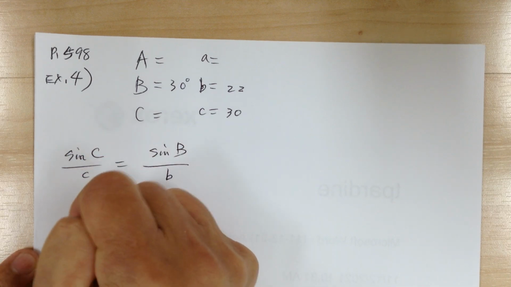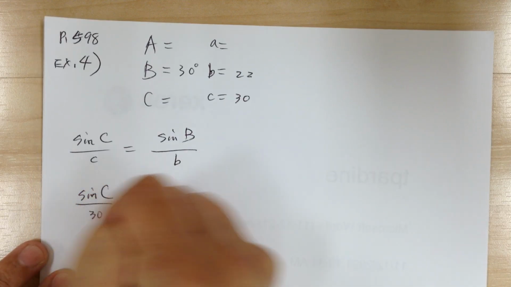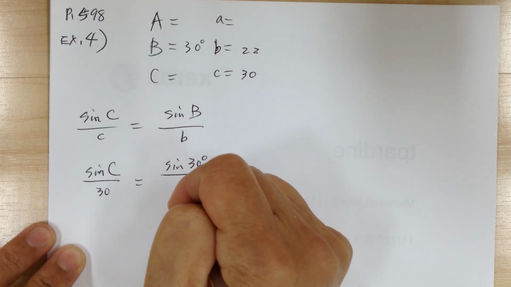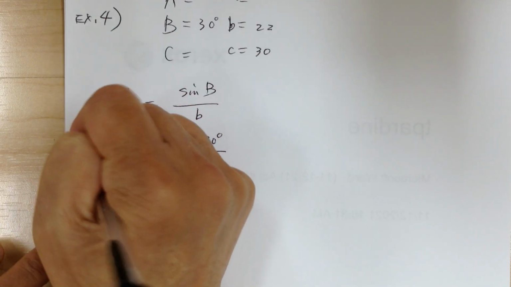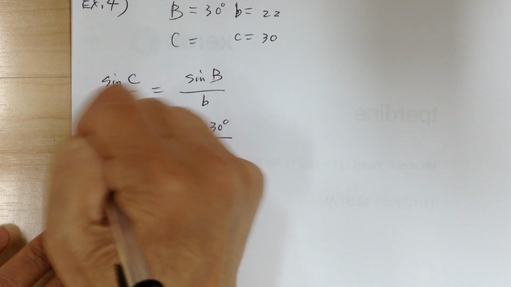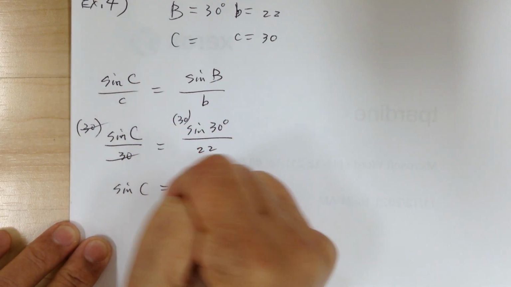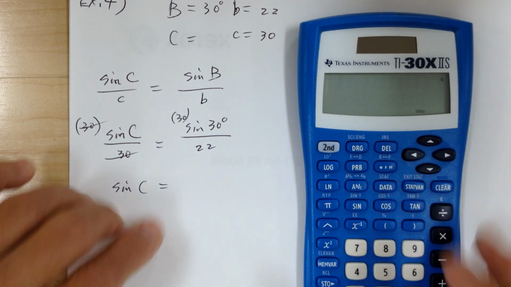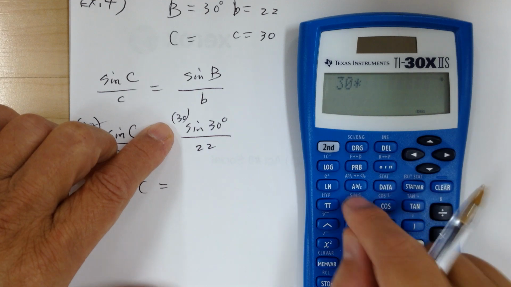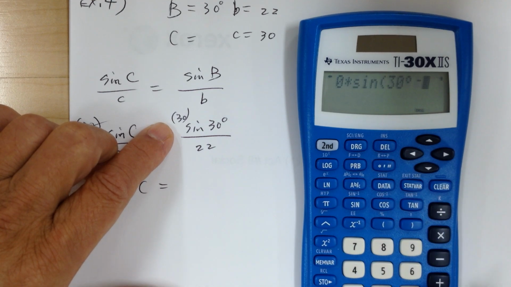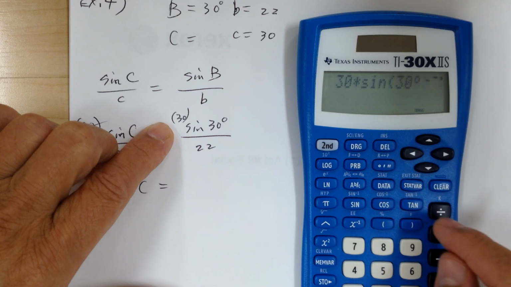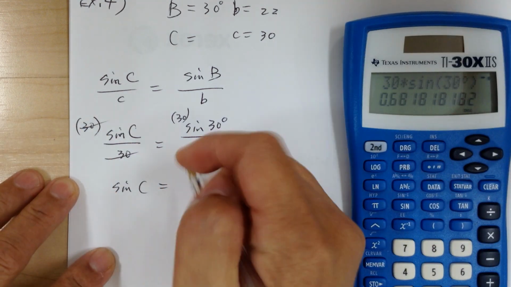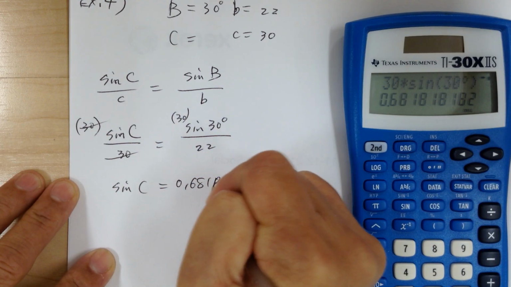So you got sine C over 30 equals sine 30 degrees over small b, which is 22. Multiply by 30, so this will cancel out. So you got sine C equals 30 times sine of 30 degrees divided by 22, which gives 0.6818.